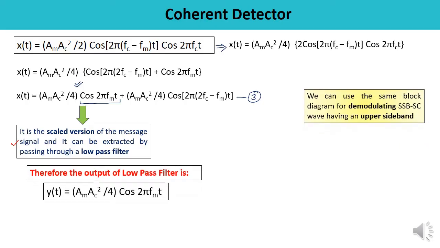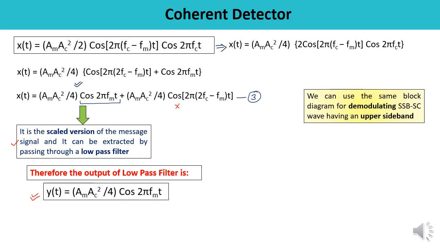So when it is passed through a low pass filter, you get the output YT. YT is AM into AC square upon 4 into cos 2 pi FMT. Here FM is the cutoff frequency of the low pass filter. It means the second component will be blocked. It is not going to be passed out from the signal.